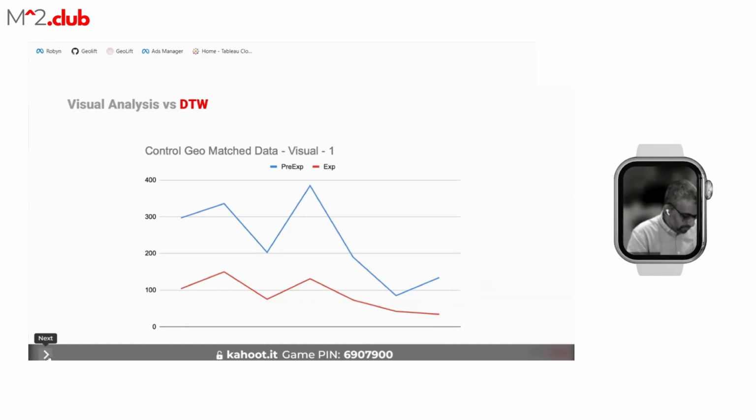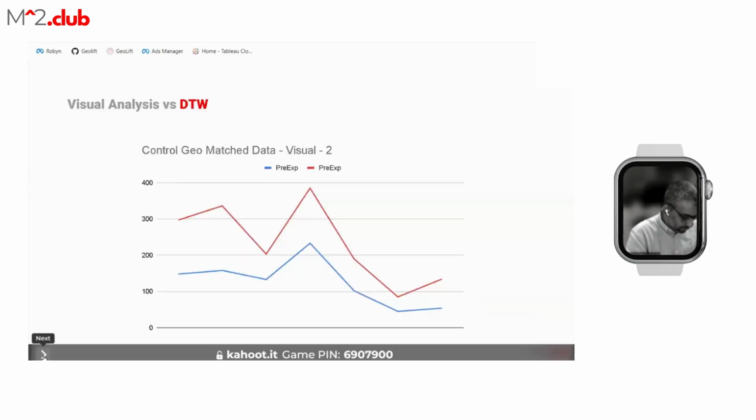Go to the next slide, Bharati. Okay, this is visual 2. There is a valley, a peak, a valley. Similarly, the pre-experiment and the post-experiment sort of follow each other. In this case, both say pre-experiment, maybe control and test. All right, next slide.